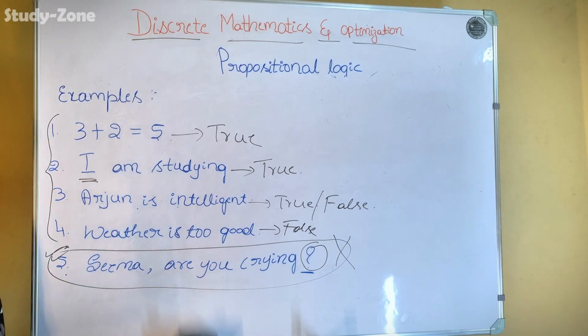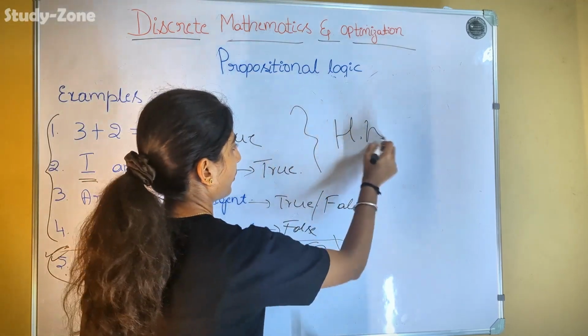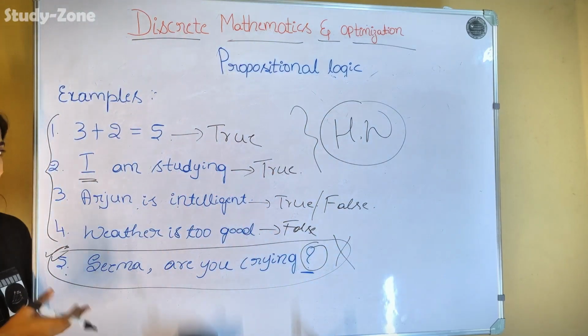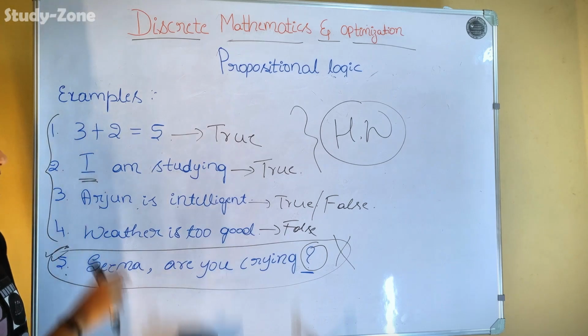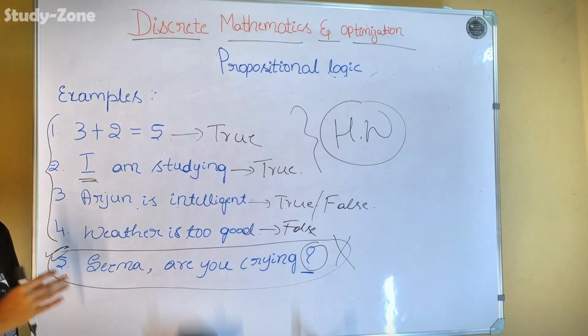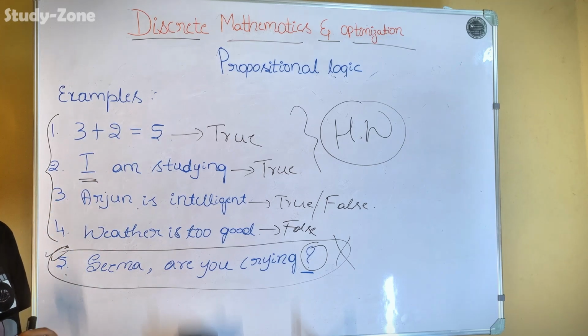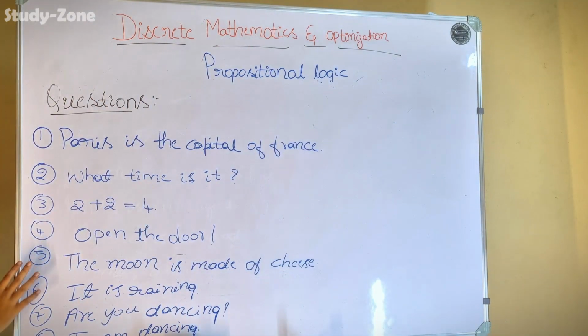Now I will give you some homework about the examples of propositional logic. If you understand the topic, you can easily clear the examples, right? So answer these examples, and in the comment section please comment what all the answers are.